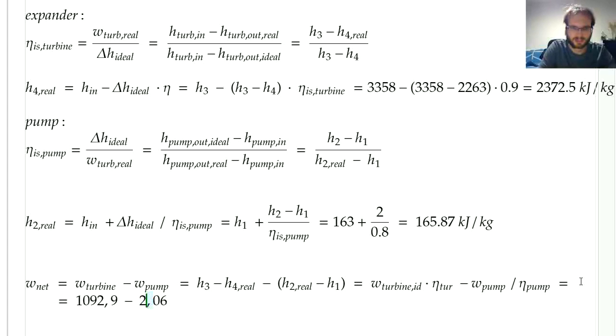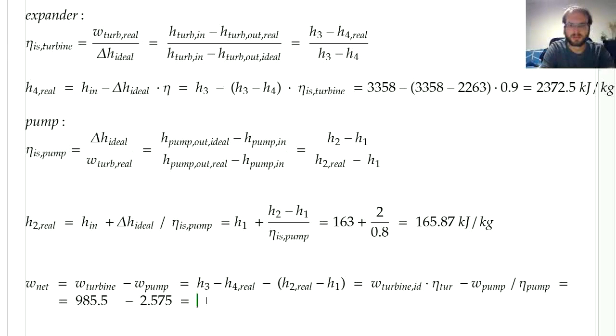2.06 kilojoules per kilogram. So the work of the turbine decreased from 1095 kilojoules per kilogram to 985.5, and the net work of the pump increased from 2.06 to 2.575 kilojoules per kilogram.